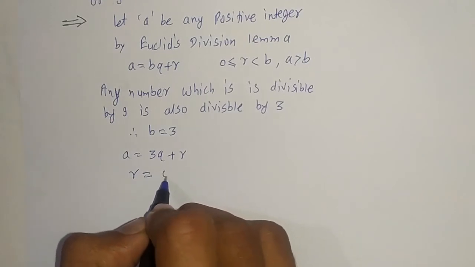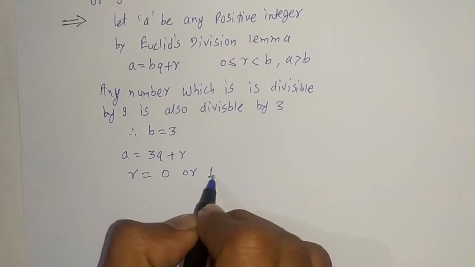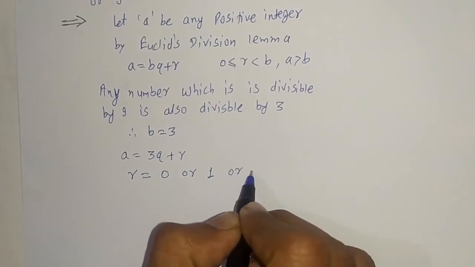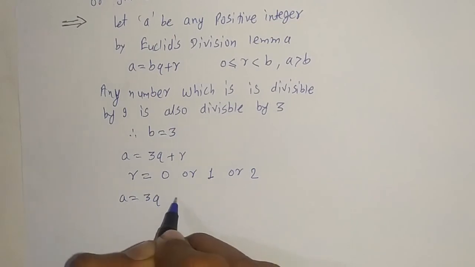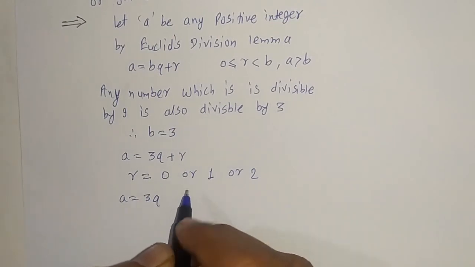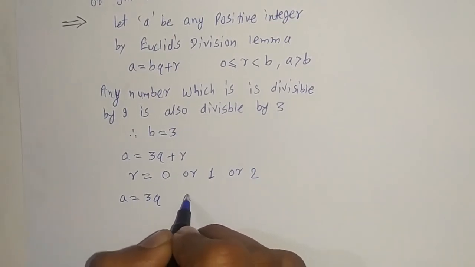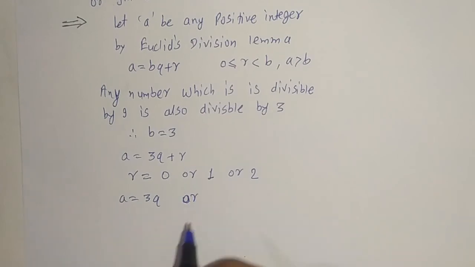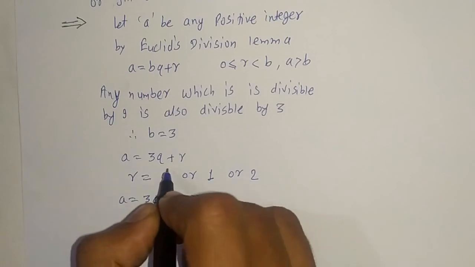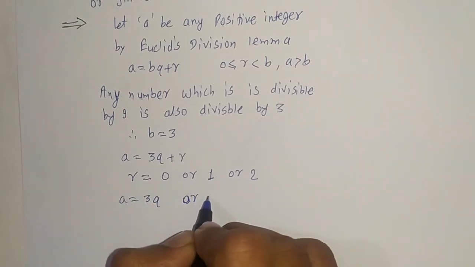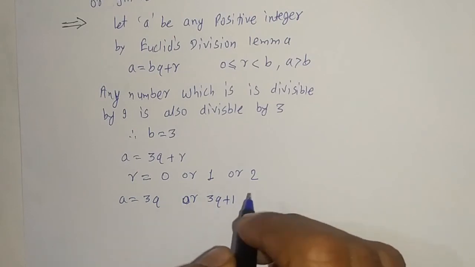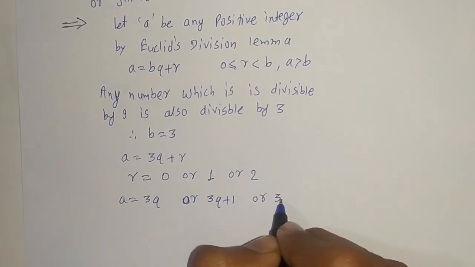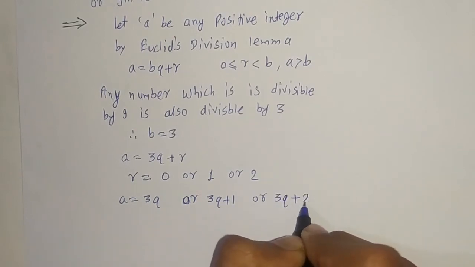So r will be 0 or 1 or 2. So a will be equal to 3q plus 0, which is 3q, or 3q plus 1, or 3q plus 2. Replace r by these three values.